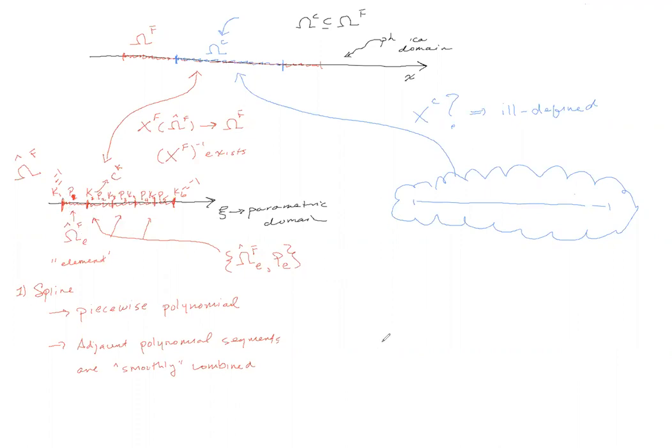Maybe I'll draw it again down here a little bigger. We have our parametric domain. Let's just make 4 elements. Okay, an arbitrary element, and we'll call it E, F hat. We've got P1, P2, P3, P4, K1, K2, K3, K4, K5.